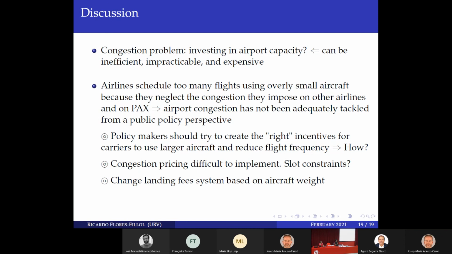And a system based on aircraft weight when designing landing fees is very bad, because it creates disincentives to use larger aircraft, and this is the opposite of what you should do. You should create incentives to use larger aircraft if you have congestion problems. There are many other things, but this is just a small picture.